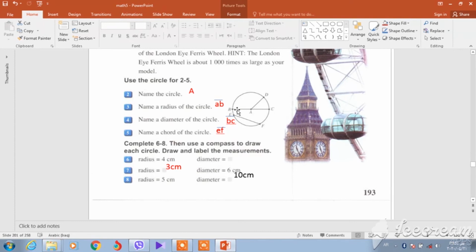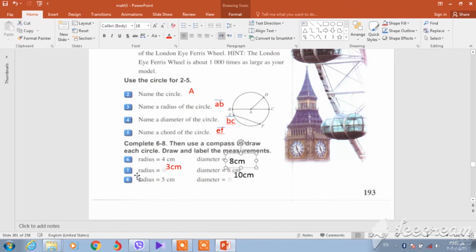Because all radii are equal, we have 4 here and 4 there also. 4 plus 4 equals 8. We have 8 there, students. Write down 8 centimeters.